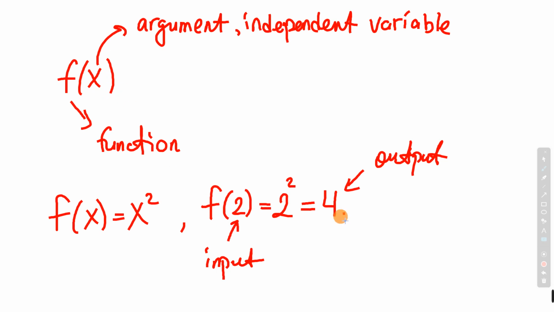Now let me clear this. Now let me define a function in this way. The function z depends on x and y now. So this is a function of two independent variables, or you can say we have two arguments.